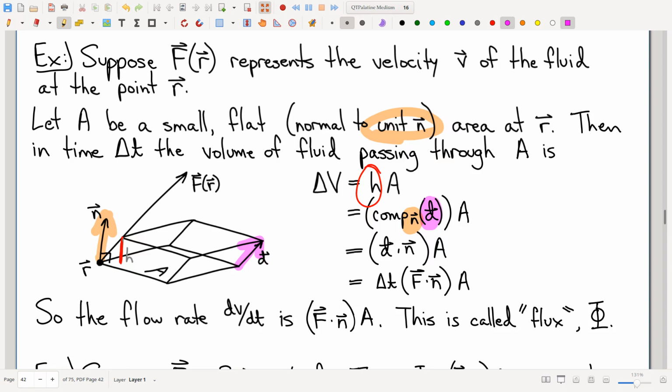You start the clock, it started here and then it ended there. But that distance that it's traveled isn't the point. The point is what's the height of the parallelogram.